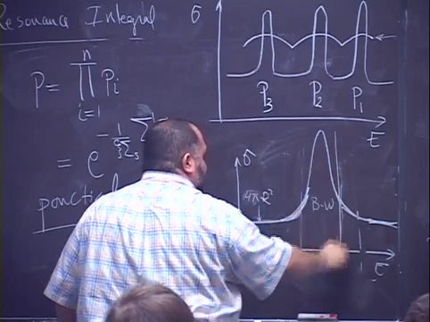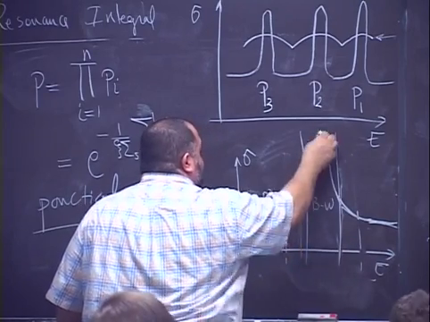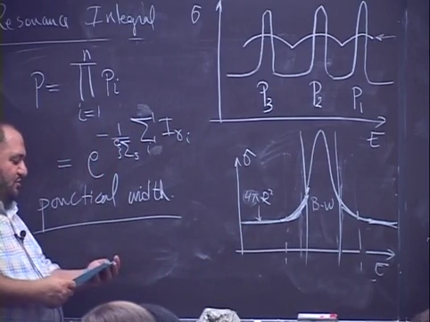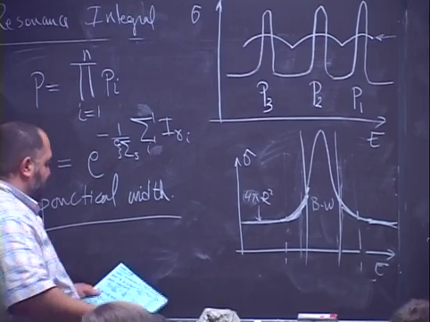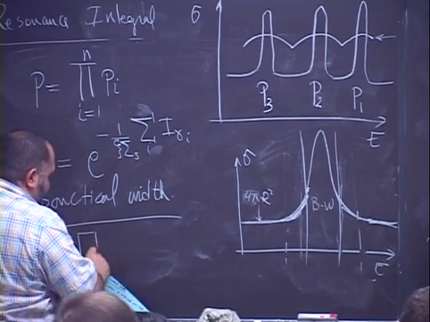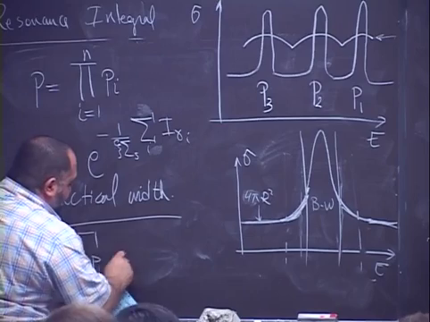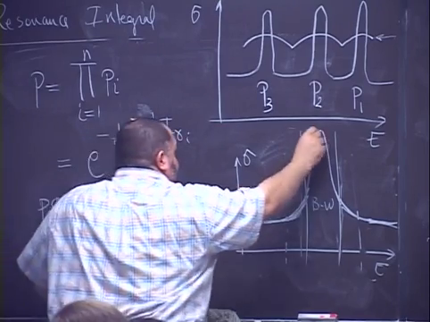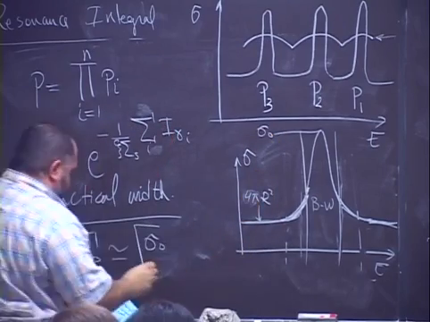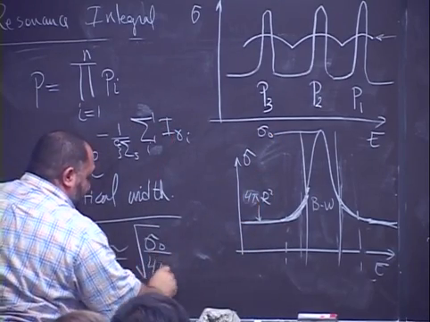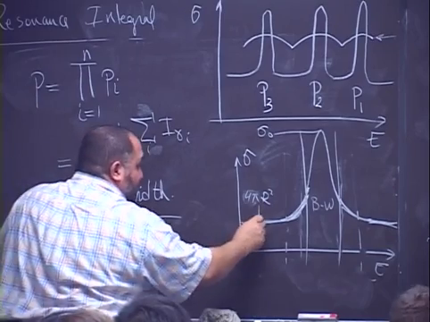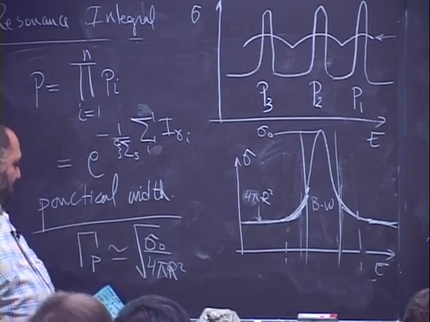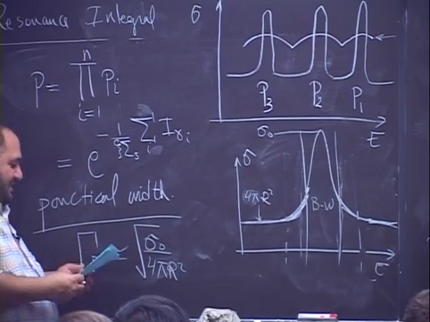Let's define it here. So the cross section in this area is way greater than the non-resonance part. So the Breit-Wigner formula defines a practical width given by sigma naught, which is this value here, divided by 4 pi r squared, which is this value here. So the ratio between sigma naught and 4 pi r squared is defined as the practical width.